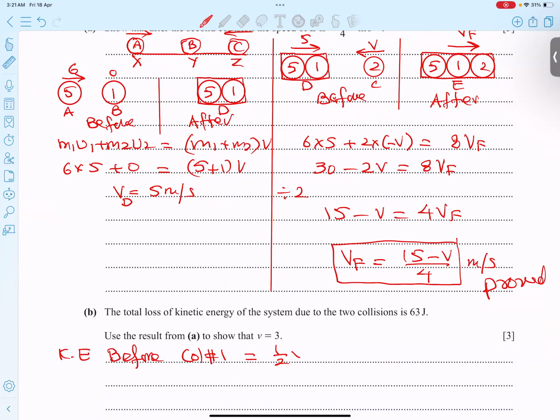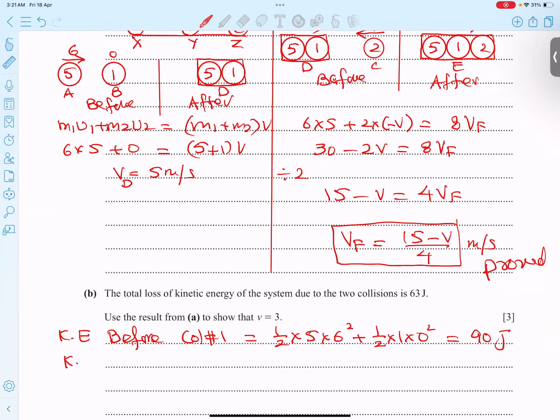So we have half mv square, 36 divided by 2, 18, 18 into 5, we get 90 joules. Just after collision, speed is 5 and mass is 5 plus 1, 6. So kinetic energy after collision number 1.